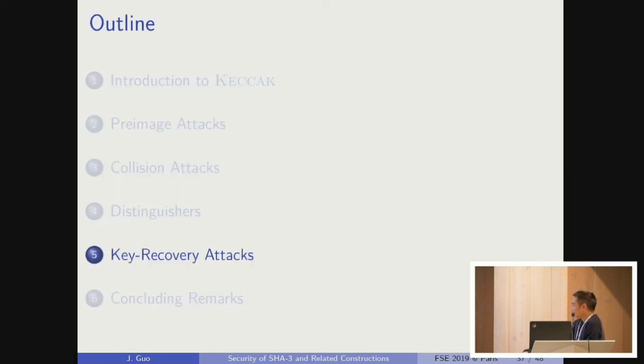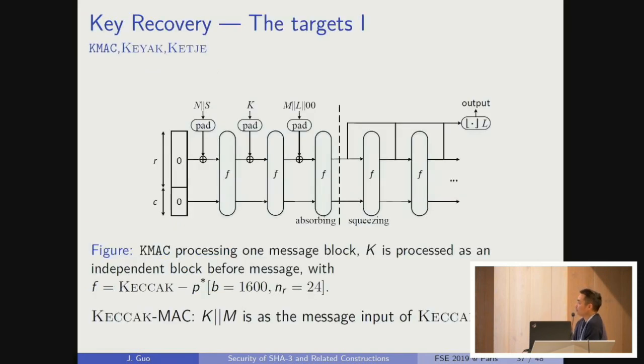The last attack I want to mention is the key recovery. For the key recovery, there are several targets like KMAC, KYAC, and Catcher. KMAC is processing the key as an independent block, preceding it, there might be a nonce and so on.